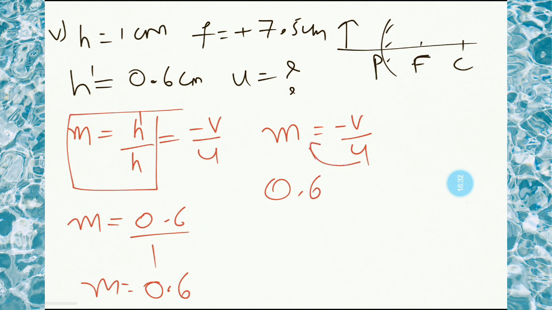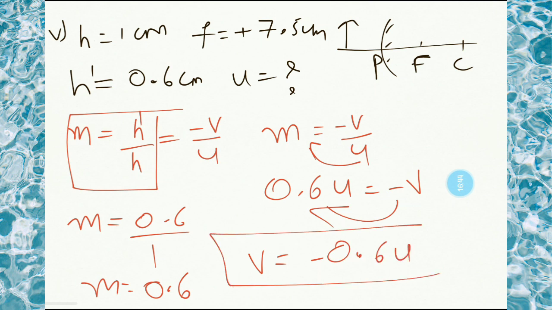I am sending this u here. 0.6 u is equal to minus v. I am sending this minus also here, so v is equal to minus 0.6 u. So instead of v, I will substitute this value. But if I have decimal values, my time will get wasted in solving this.